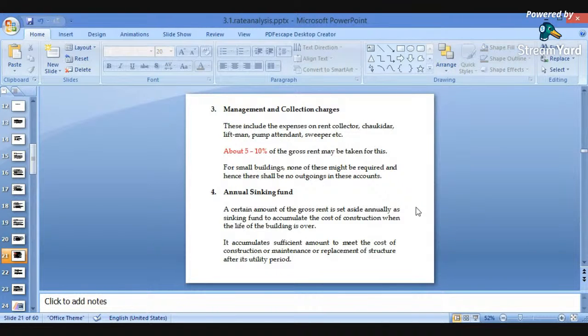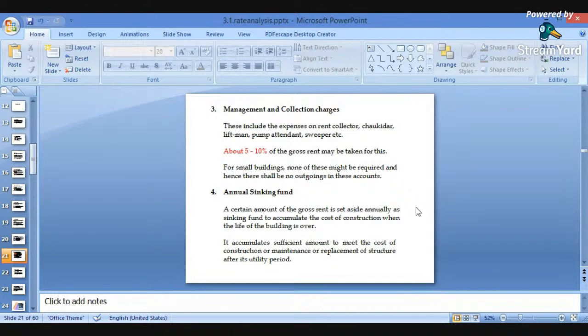It accumulates sufficient amount to meet the cost of constructions or maintenance or replacement of structures after years. So I've already said that we can reconstruct the buildings, or we can have maintenance in the building, or some renovations, because suppose the life of the building we are calculating as 50 years.